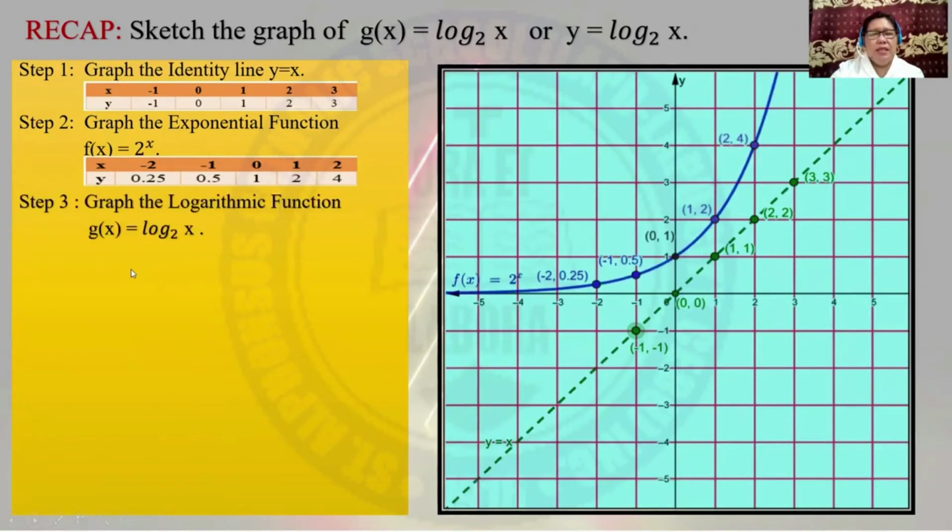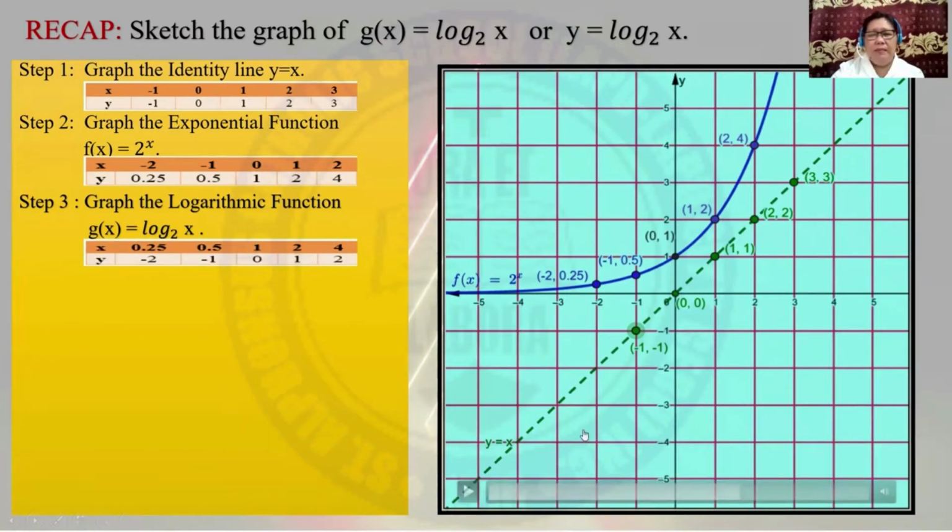and connect. Step 3, you have to graph the logarithmic function g of x is equal to log x base 2. And this is our table of values. So we have to plot now the points in the Cartesian plane. So the first point is here, second point, third, fourth point, the fifth point, and we have to connect the points with a curve.